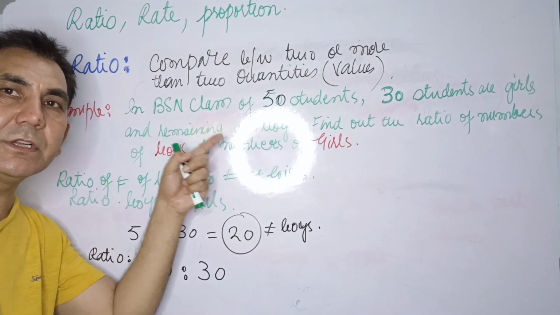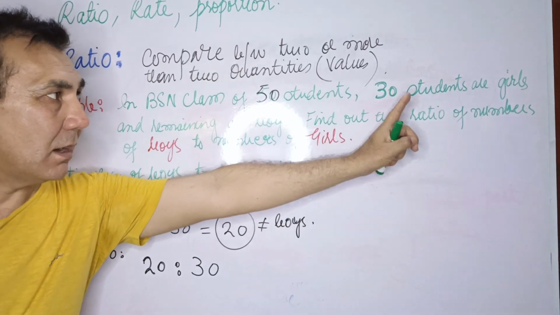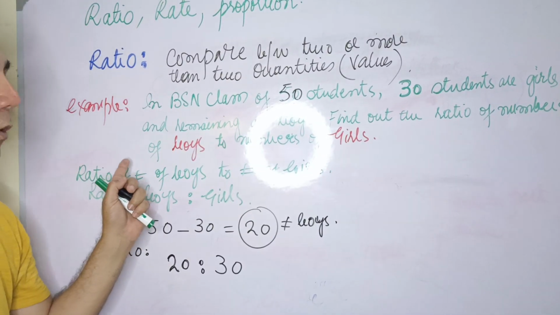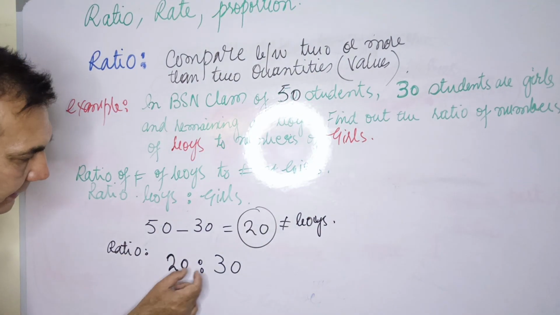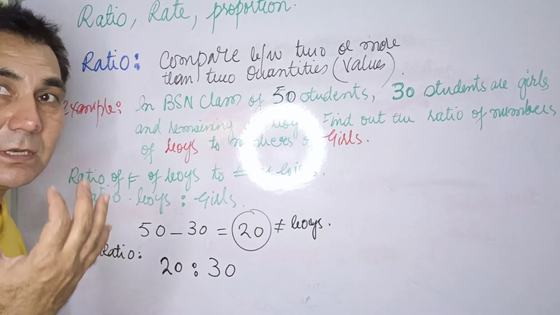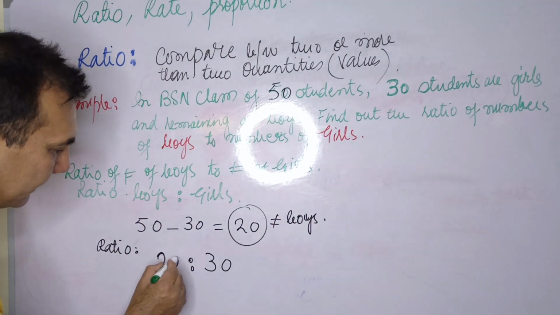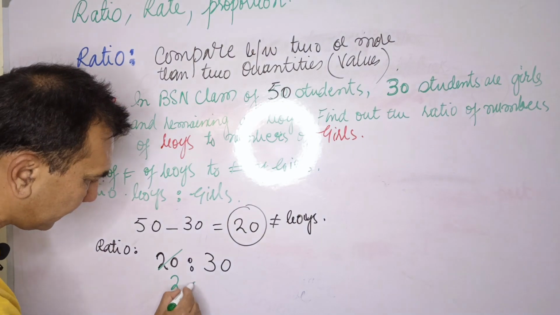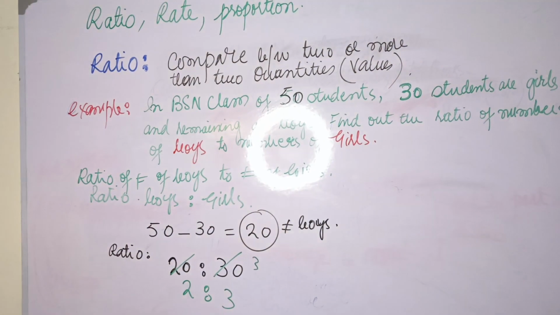Because in the question the examiner is asking the ratio of the number of boys to the girls. So now we will divide by the highest equal number. We will divide by 10. It comes to 2 and 3, a 2 to 3 ratio.